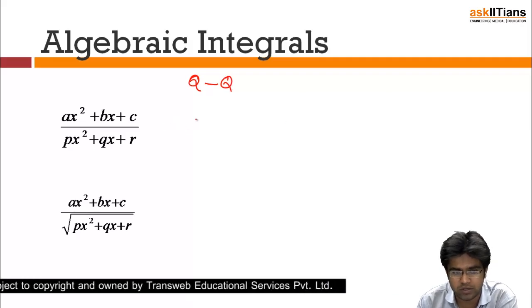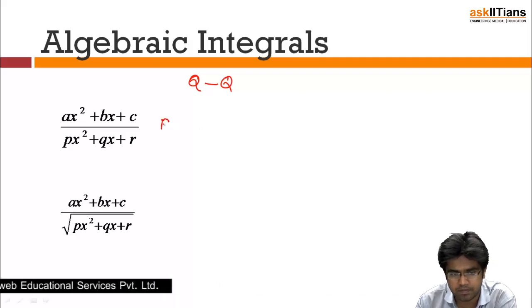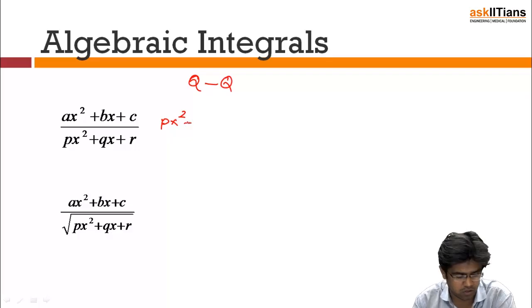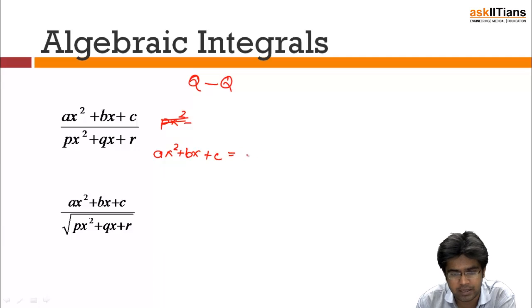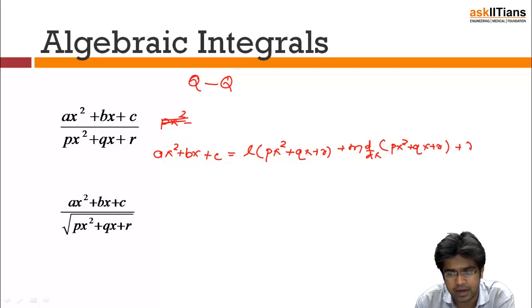Look, what I am going to do is to this ax square plus bx plus c, I am going to write it like this: L times px square plus qx plus r, plus m times d by dx of px square plus qx plus r, and then n.